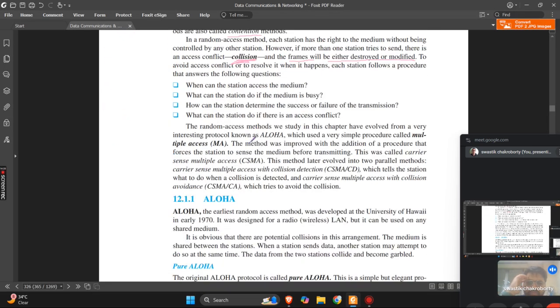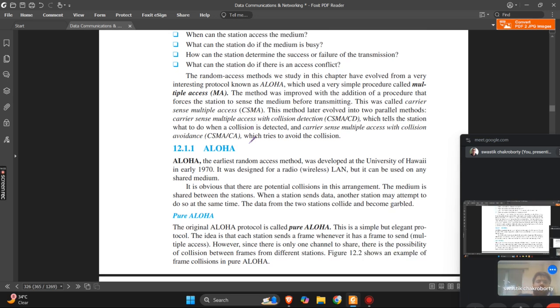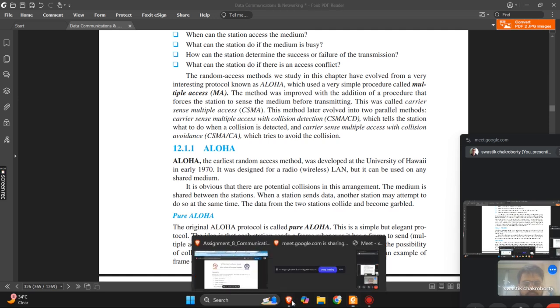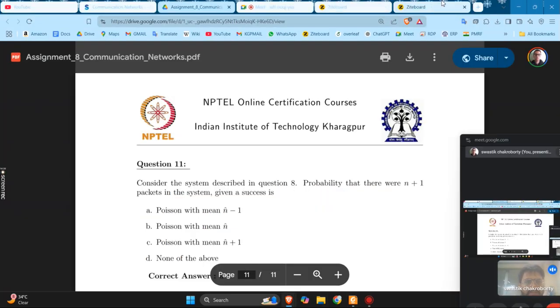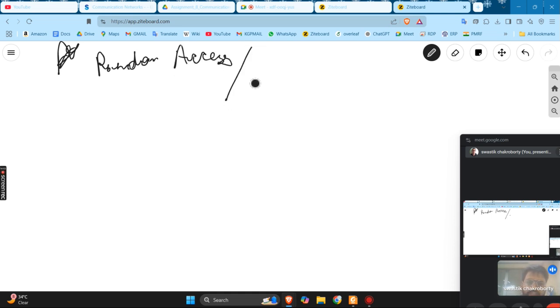Now we will go through a few contention algorithms, one of which is ALOHA. The first algorithm that we will learn is ALOHA. This is a contention method or a random access method.